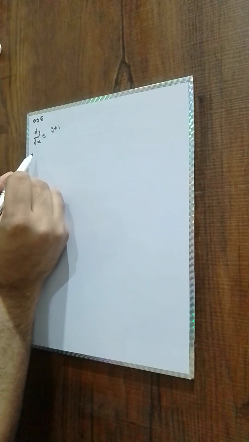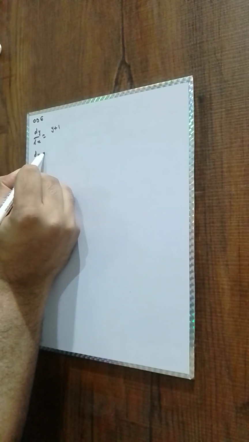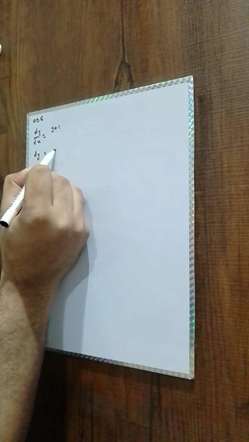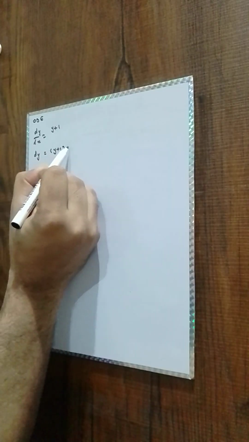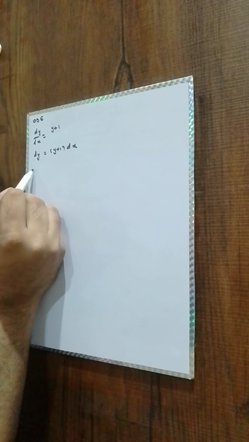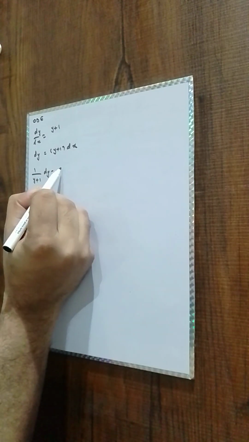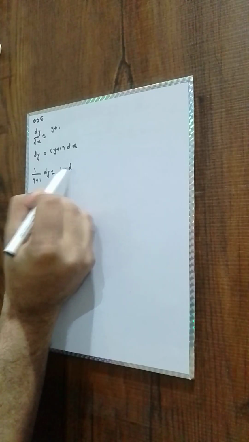Yes, so this is a differential equation, as the differential of y is equal to y plus 1 into differential of x. Okay, so what we do is we collect the like terms on one side. 1 by y plus 1 dy is equal to 1 dx.